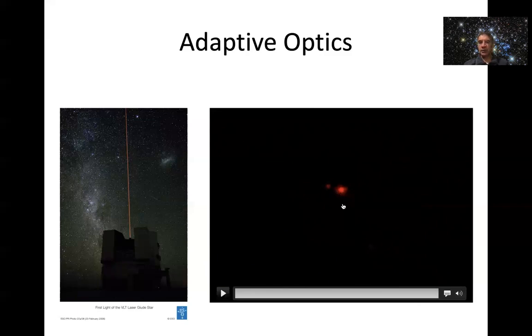There's another one, the faint one down here. So you can take away pretty much the effect of the Earth's atmosphere and get a sharp image. You can even see one of those diffraction rings around your bright star, but it's still quite difficult to do perfectly.